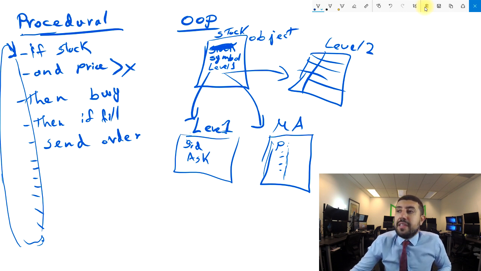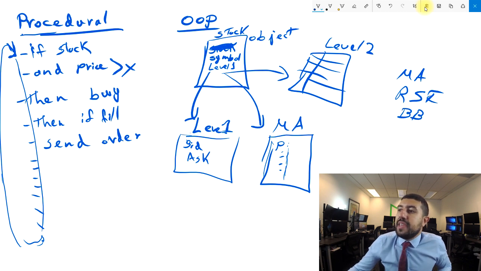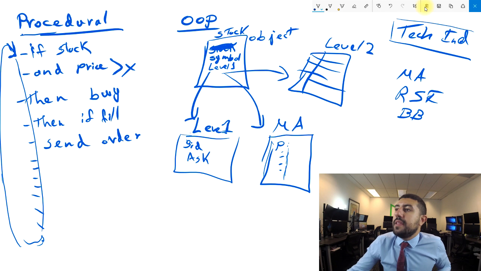And then there's inheritance, where you're saying, okay, well, maybe the moving average and the RSI and the Bollinger Band, these are all technical indicators. They can all inherit from technical indicators, right? So this could be a parent class, and all these other classes inherit from it.